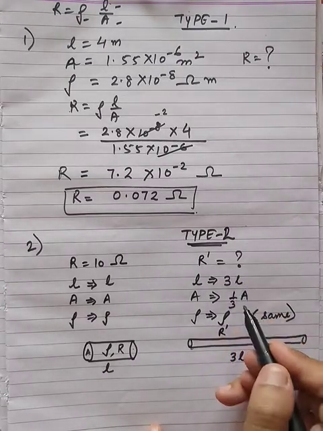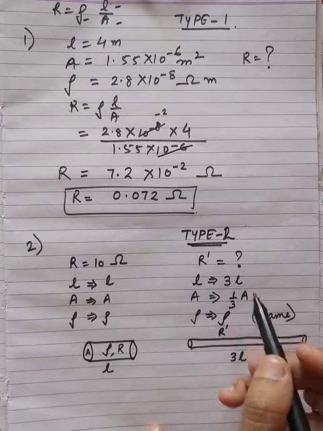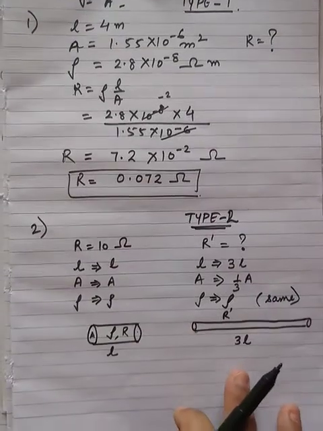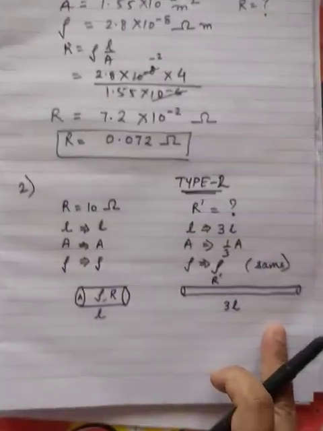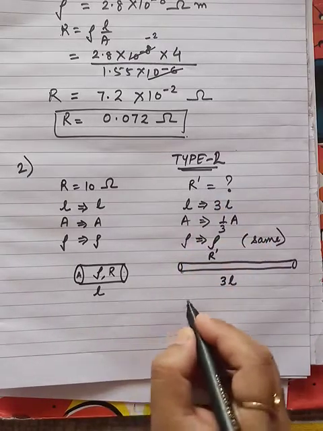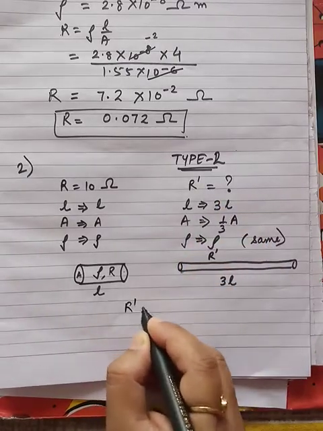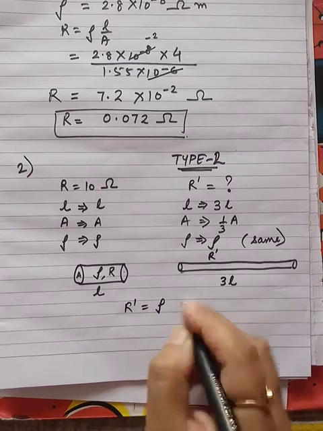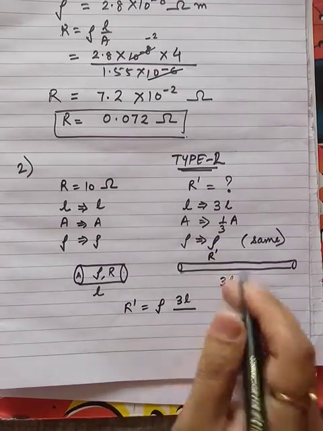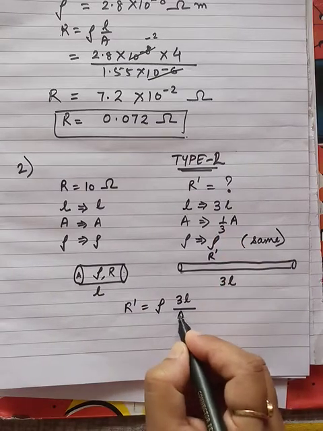So length is changing and area of cross section is changing, so resistance will also change. Let's see how much is the new value of resistance. Now R dash is equal to rho, resistivity remains the same, times 3L, upon area of cross section A by 3.